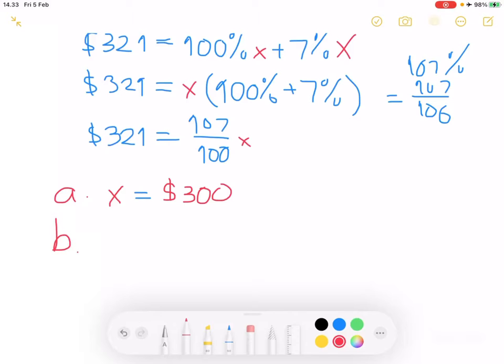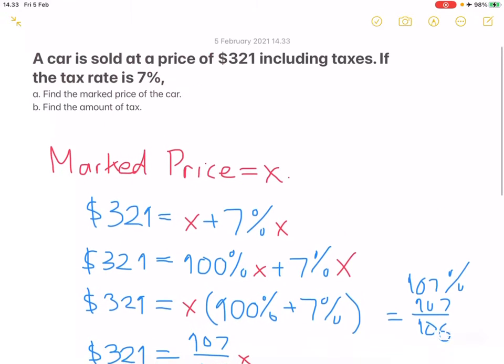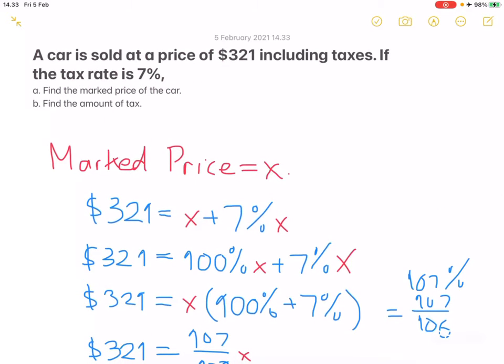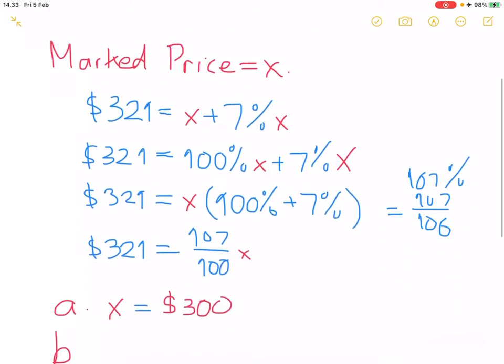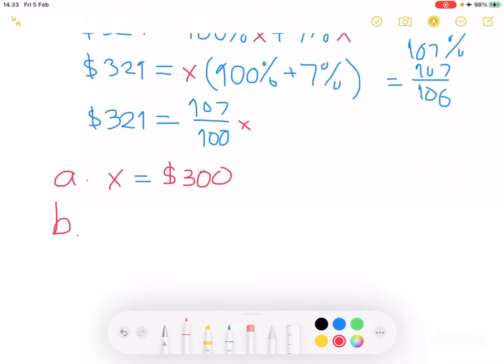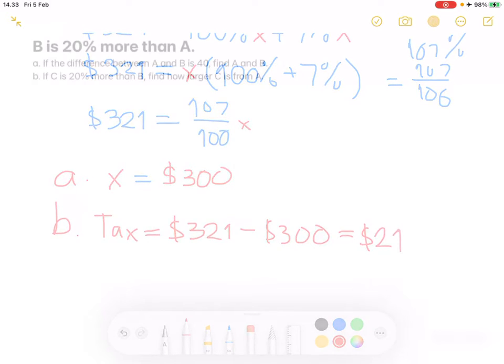For the B part, it is very easy. Since you need to find the amount of tax, you can just subtract $321 by $300. So the tax will be as follows, which is $21.